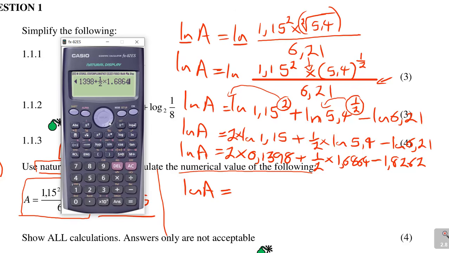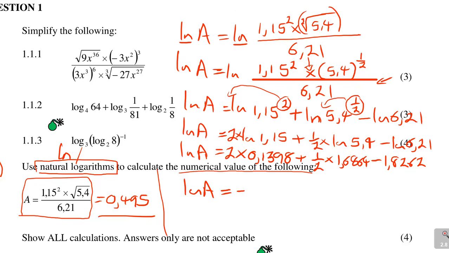I'm going straight, minus 1,8262. This is allowed because you need to get in this case the final answer. You press equals, it's negative 0,7034.